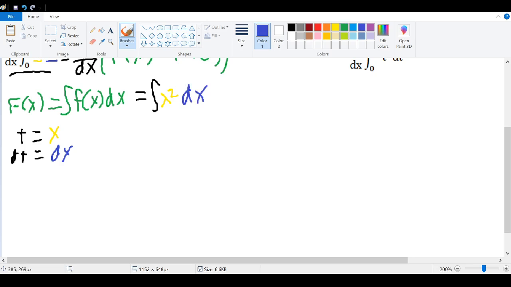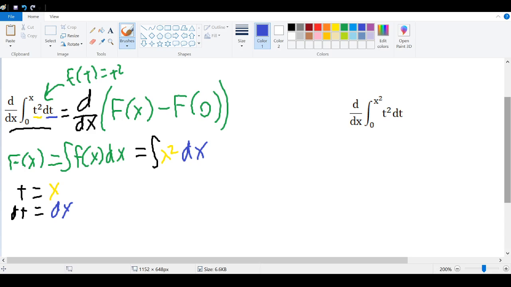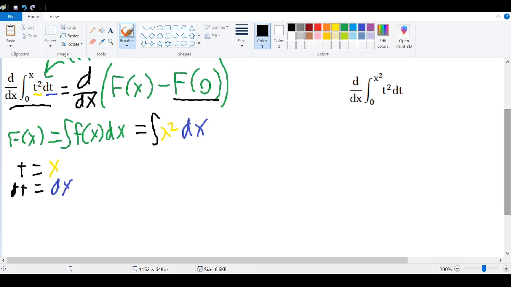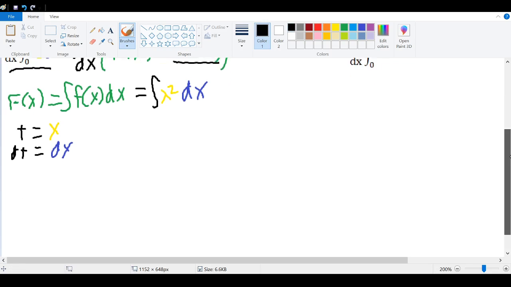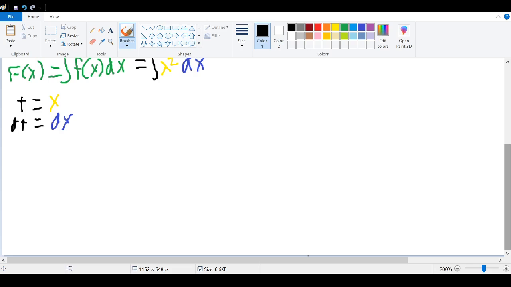Alright, and now let's deal with this capital F of 0. Well, we do something very similar, but instead of replacing t with x, we're going to replace t with 0. So now t is equal to 0, and implicitly dt must be equal to 0 dx.